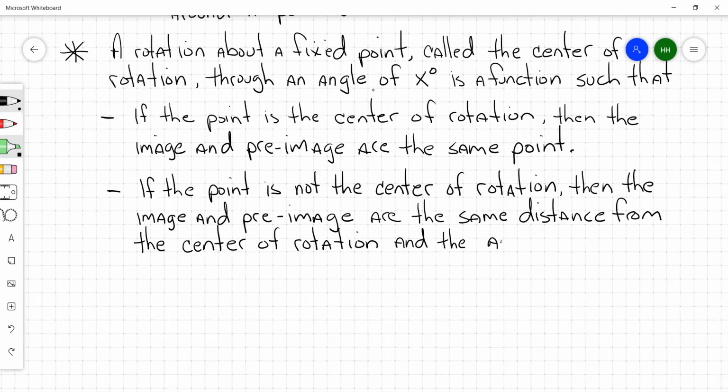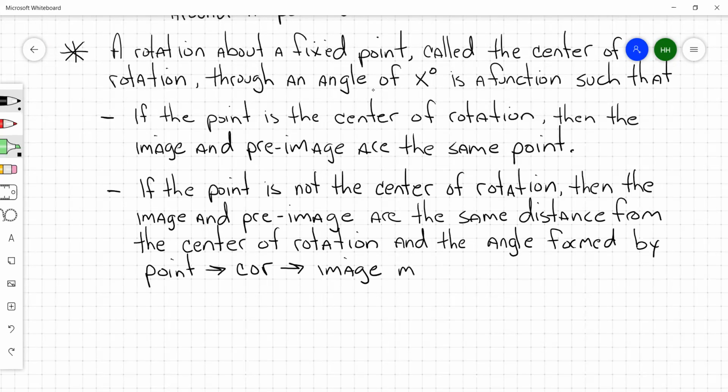And the angle formed by point to center of rotation to image matches the angle of rotation.